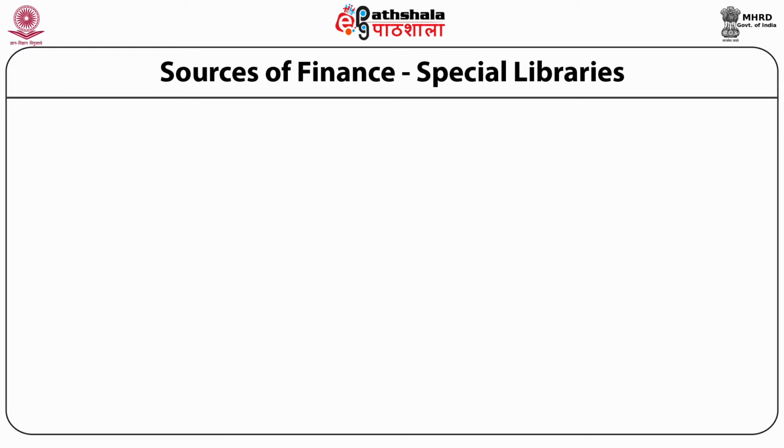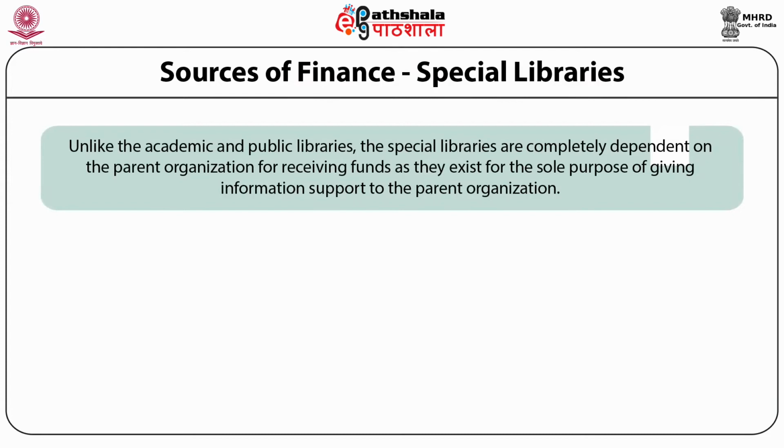Sources of finance for special libraries. Unlike the academic and public libraries, the special libraries are completely dependent on their parent organization for receiving funds, as they exist for the sole purpose of giving information support to the users of the parent organization.